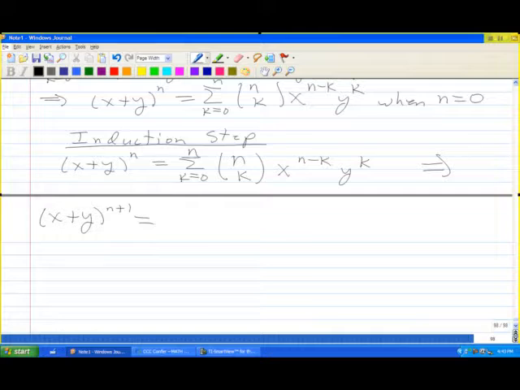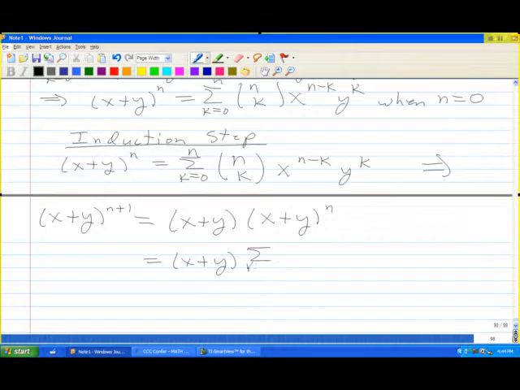Well, this is equal to (x plus y) times (x plus y) to the n, and I've assumed that (x plus y) to the n is just the sum k equaling 0 to n of n choose k, x to the n minus k, y to the k.